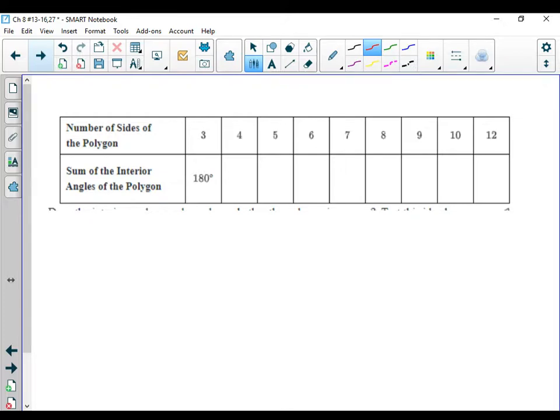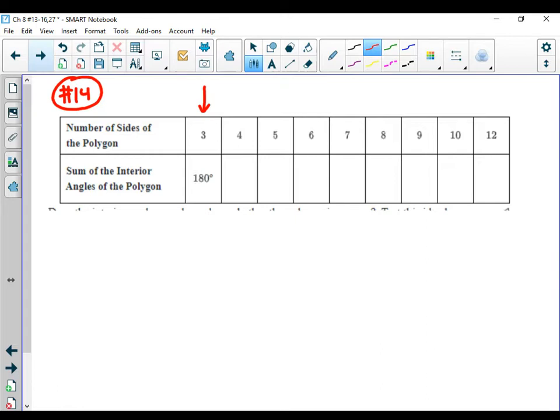Part of number 14 has this table. And notice what the table gives you. It talks about the number of sides of a polygon, and then it talks about the sum of the interior angles of a polygon. And they gave us the first one, the one we've already dealt with. When we have 3 sides, or in other words, we have a triangle, we know the sum of the interior angles is 180 degrees.